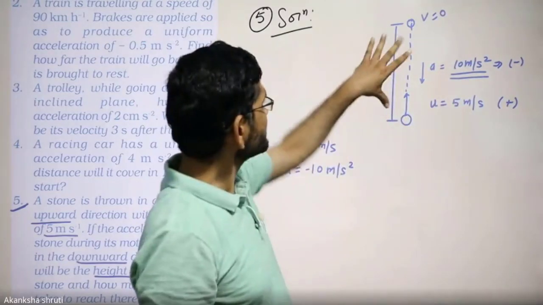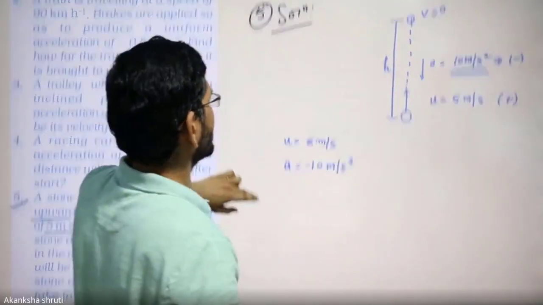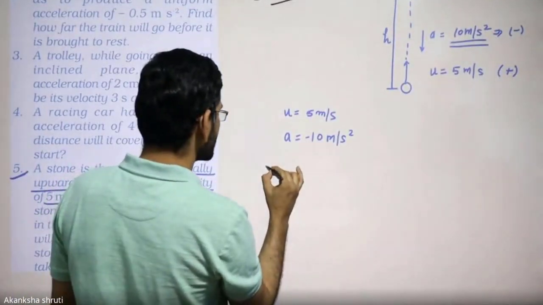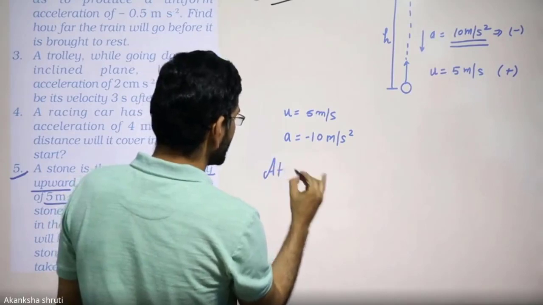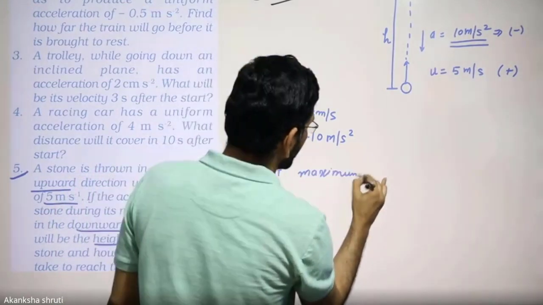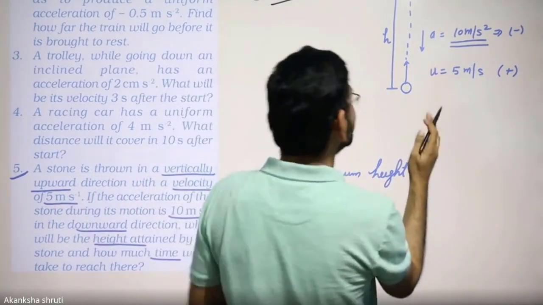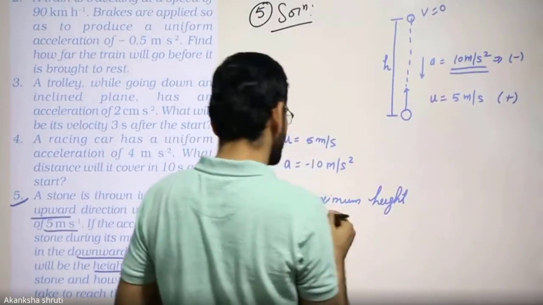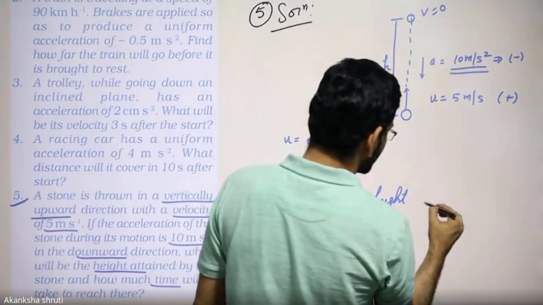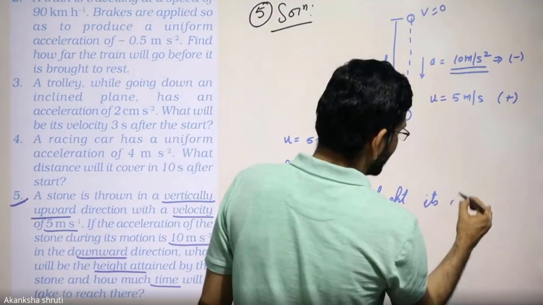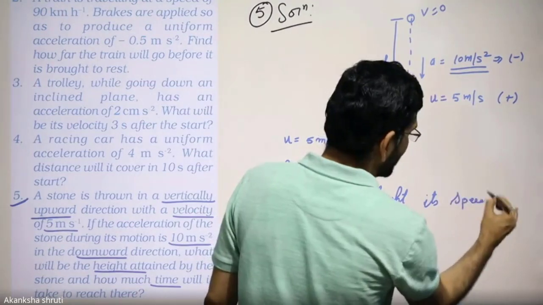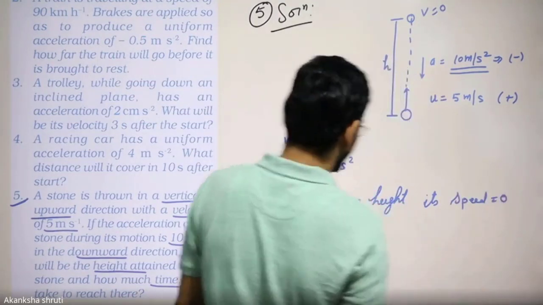So this maximum height is asked. Write that at maximum height, the maximum attained height, its final velocity or speed becomes 0.